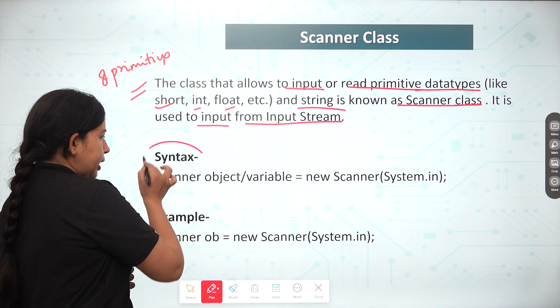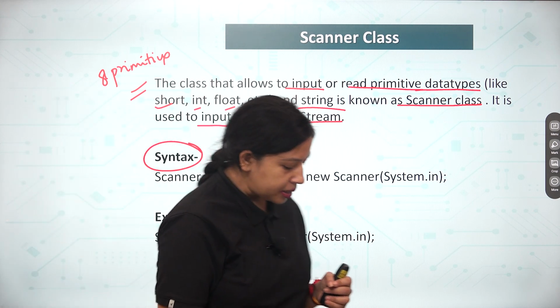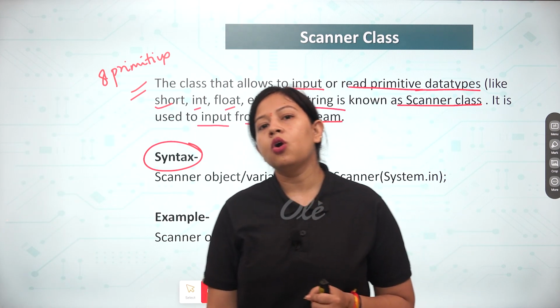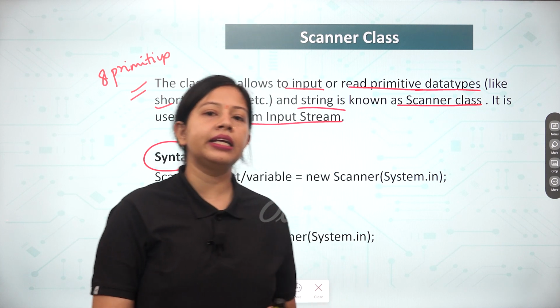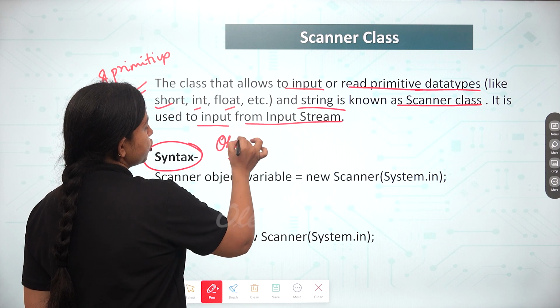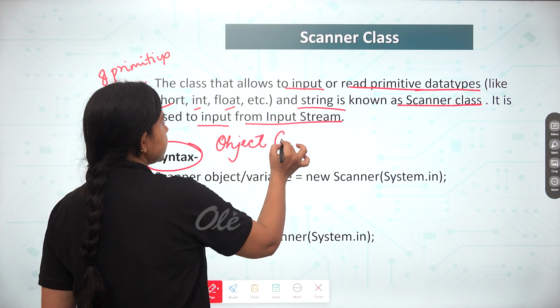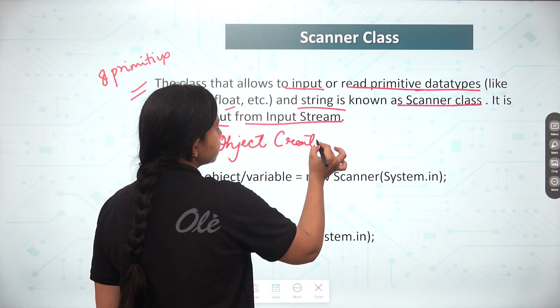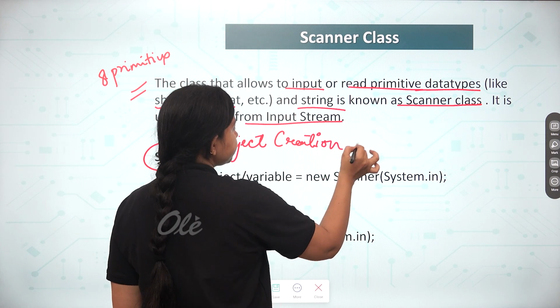As I told you, if you want to access the methods of a class, you first need to create an object of that class. So object creation should be there. What is the syntax for object creation?